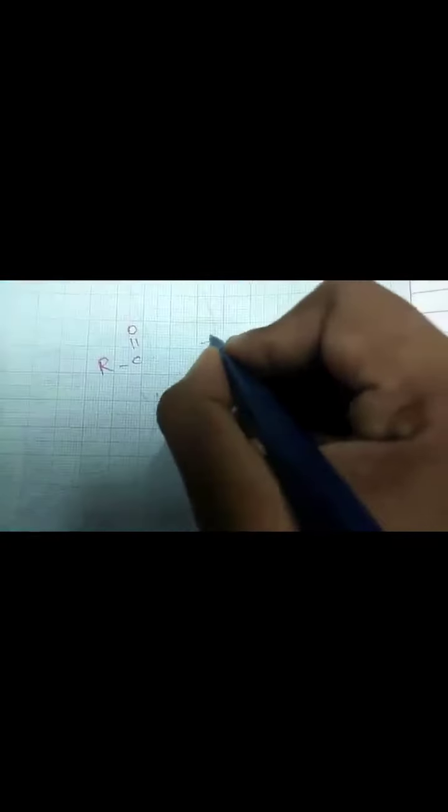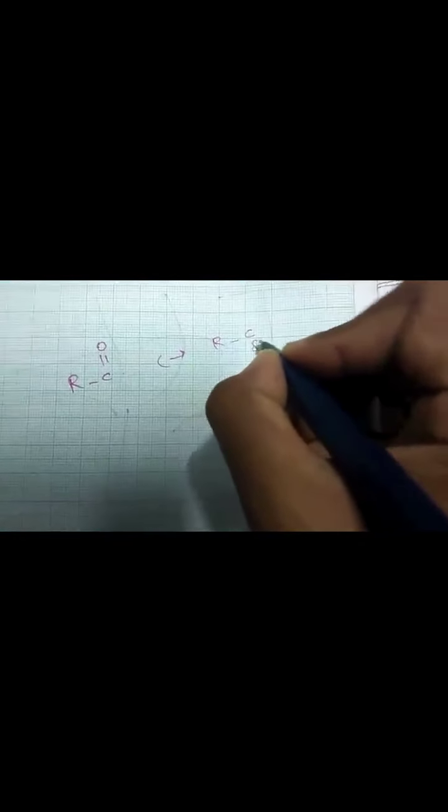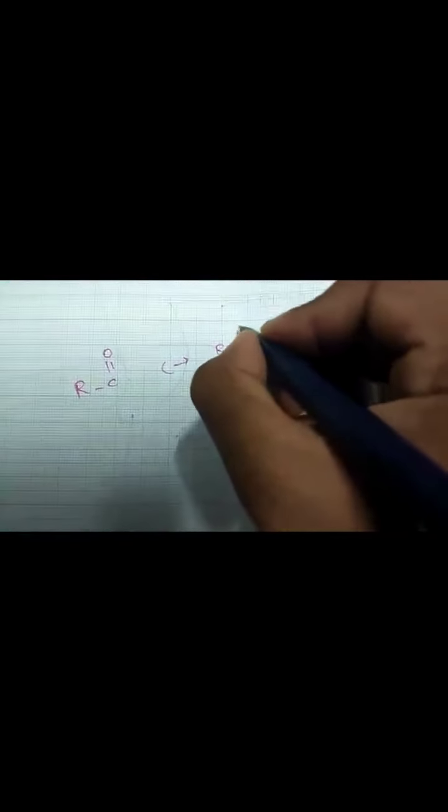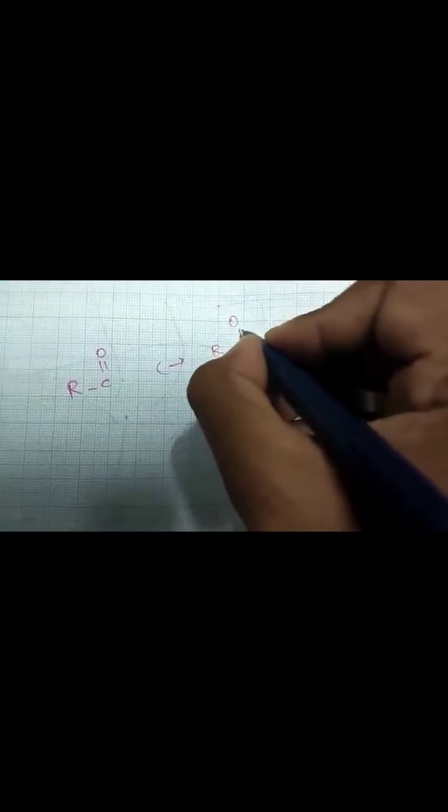This O minus electron pair again produces a double bond with the carbon. Keep in your mind, wherever R C double bond O is there, it is always considered as R C with a partially positive charge, and double bond O with a partially negative charge.